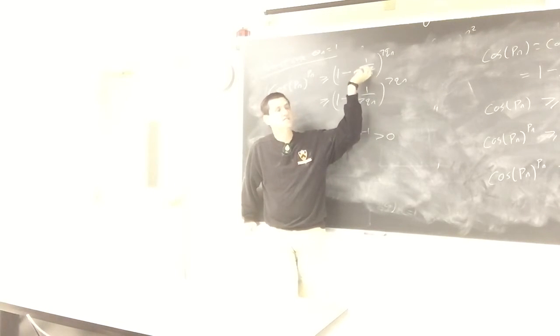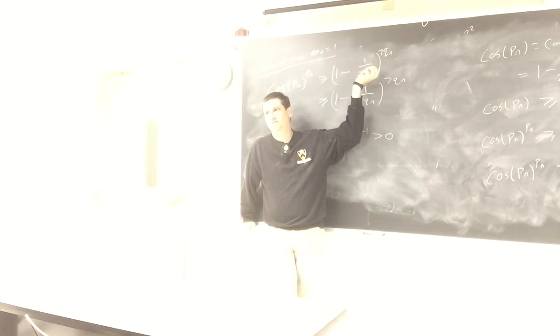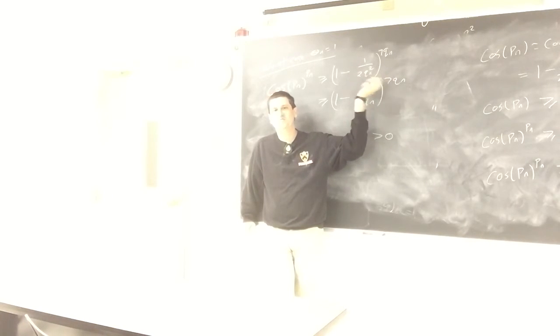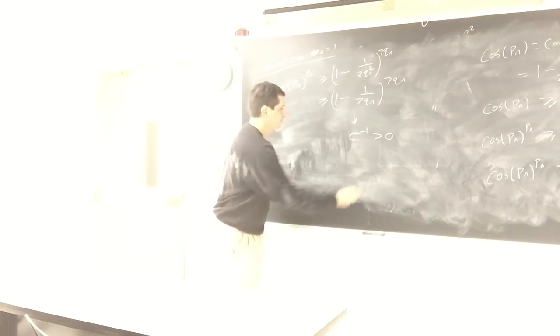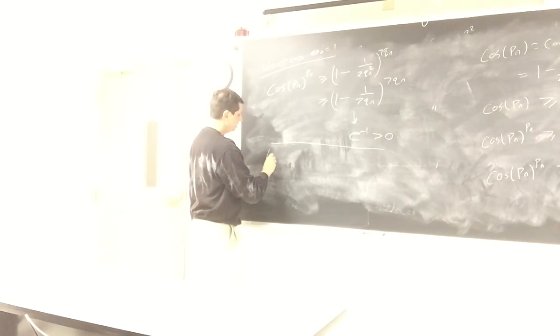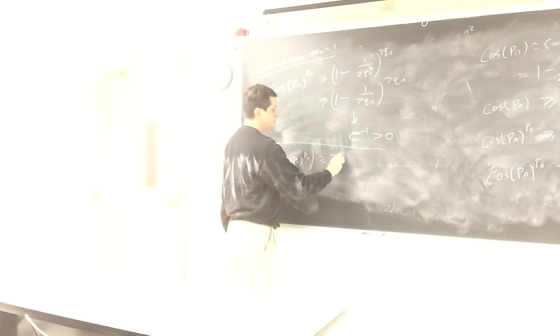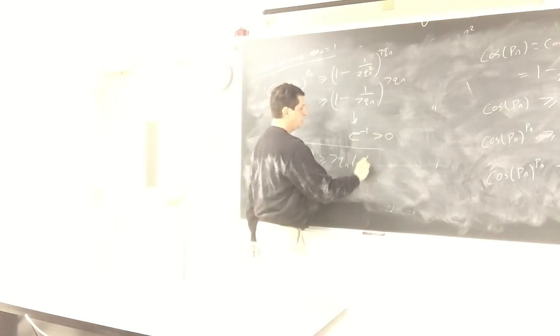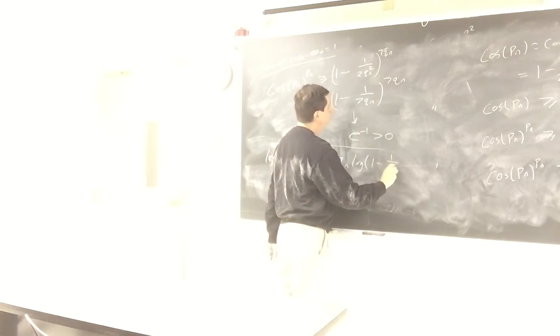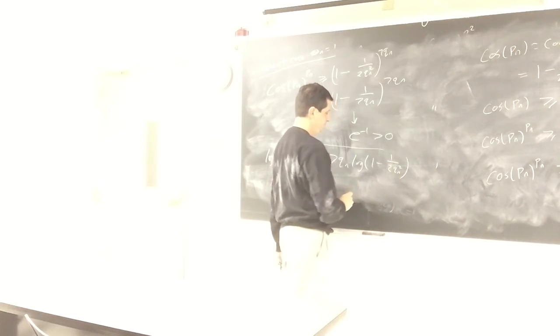What should we do to understand this quantity here? How do we understand a quantity like this? Take logs. When in doubt, whenever you see a product, whenever you see an exponent, think logarithms. So the log of cosine of Pn to the Pn will be greater than or equal to 7Qn times the log of 1 minus 1 over 2 Qn squared.